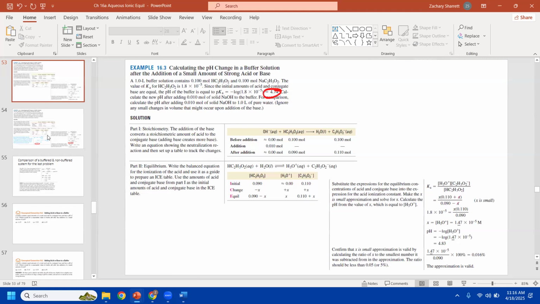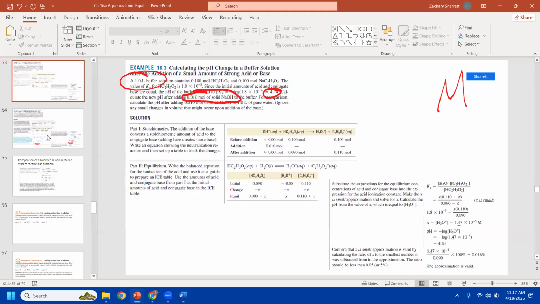To find a new pH after 0.01 moles of solid NaOH are added, we're going to do a stoichiometry problem. They did this problem in 1 liter of buffer, and I could make this really hard and put half a liter or something else. But what is the definition of molarity?